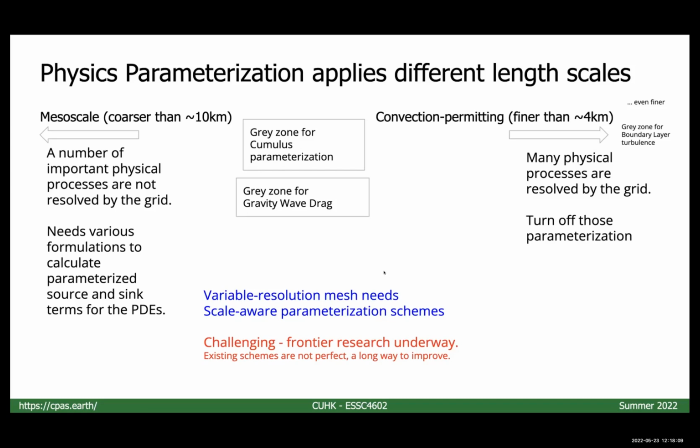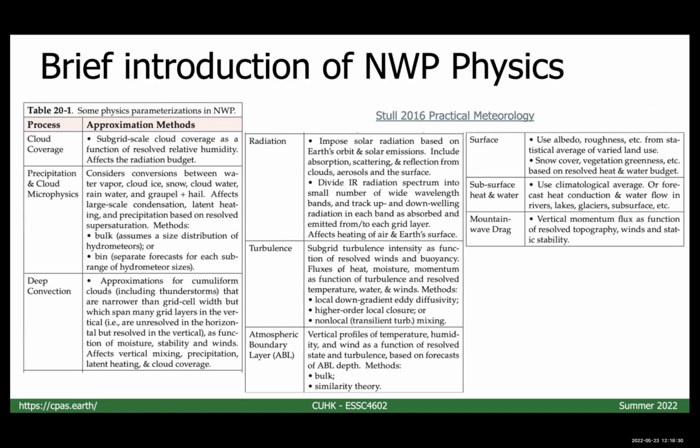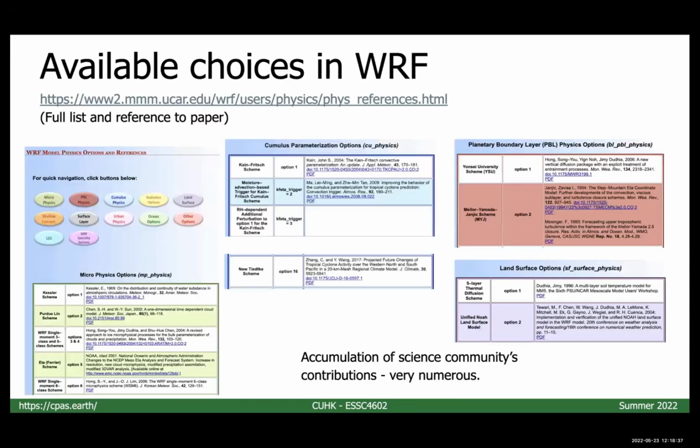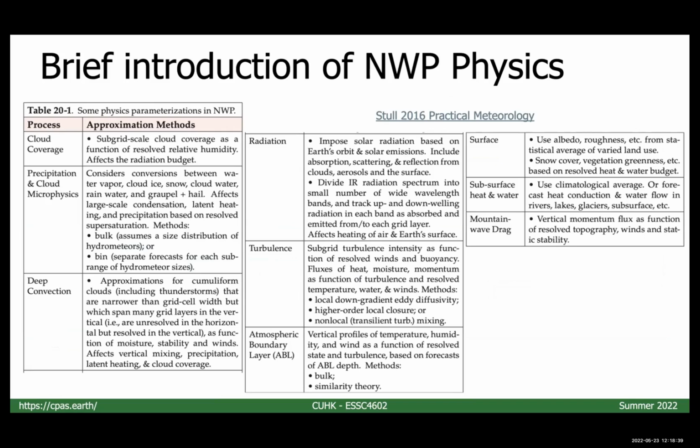So for some parameterization schemes, you can choose. Some are scale-aware, and some are not so scale-aware. So you have to read documentation and do your experiments on what will go wrong if you just choose it and run it. And I cannot go into more details of each parameterization. I plan only to take 1 or 2 examples to introduce to you.